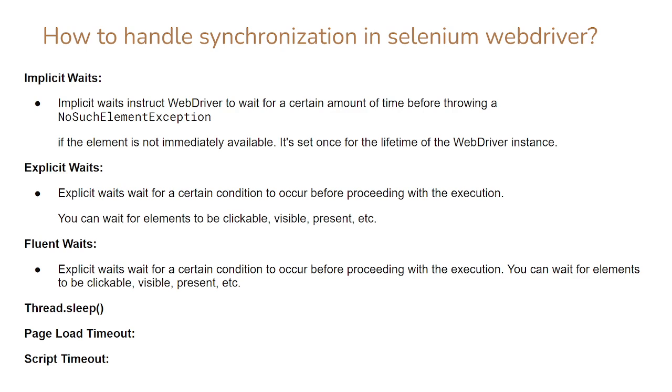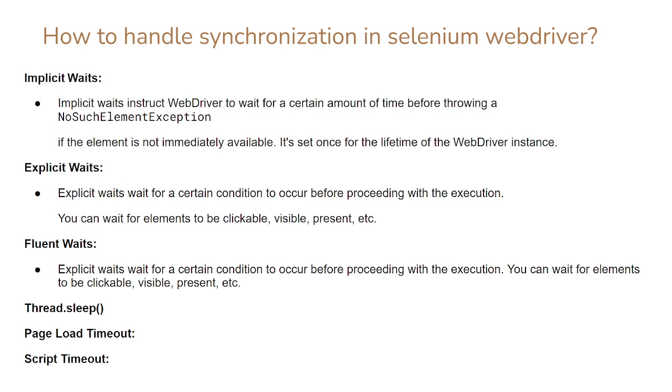So let's get started. The implicit wait is basically a wait that instructs Selenium WebDriver to wait for a certain amount of time before throwing a no such element exception. This wait is applied globally to all elements in the WebDriver instance.